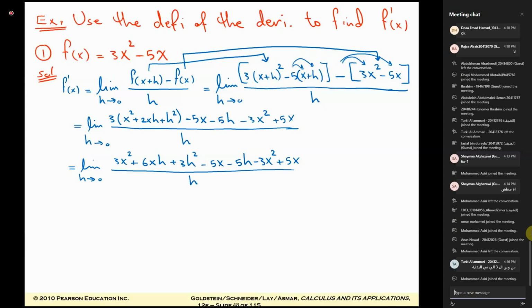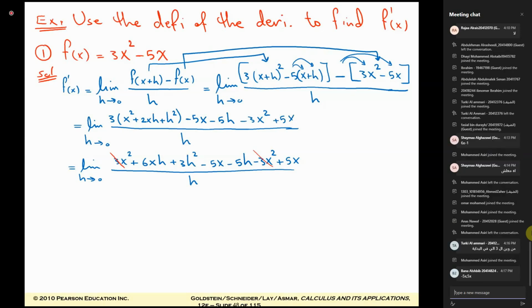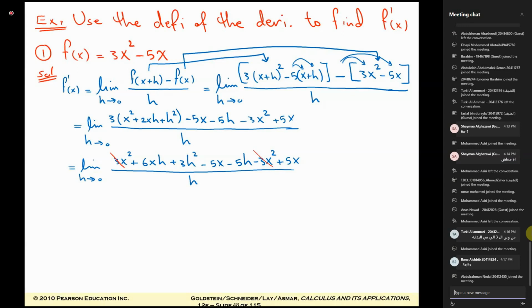For example, we have 3x squared, you must have negative 3x squared. If you have 3x squared and don't have negative 3x squared, you have some mistake in previous steps. Also, look at this, minus 5x with positive 5x. So any term without h must be removed.